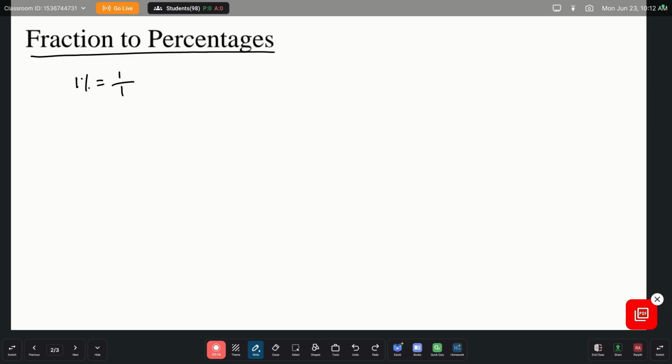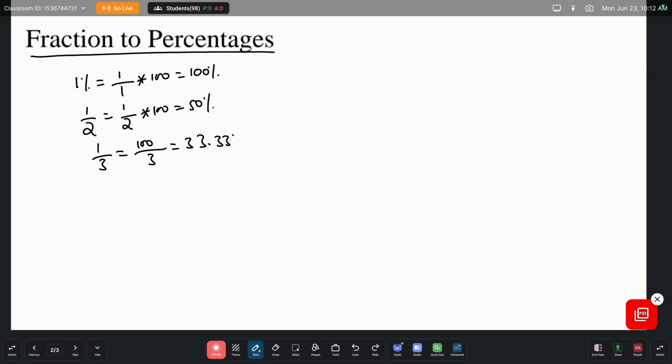1 by 1 into 100 will be equal to 100 percentage. 1 by 2 equal to 1 by 2 into 100 is equal to 50 percentage. 1 by 3 equal to 100 by 3 is equal to 33.33 percentage. 1 by 4 equal to half of 1 by 2.